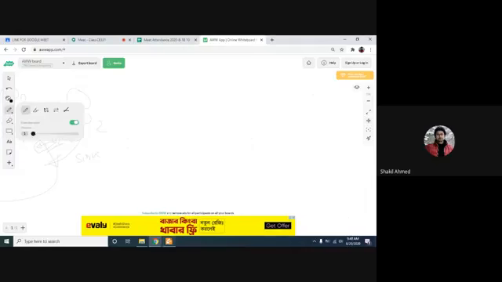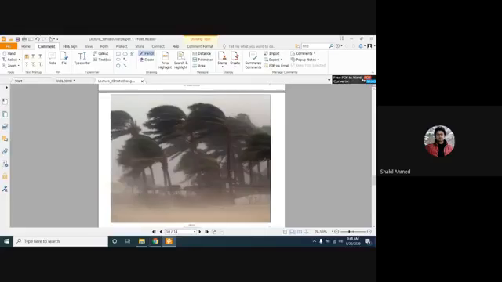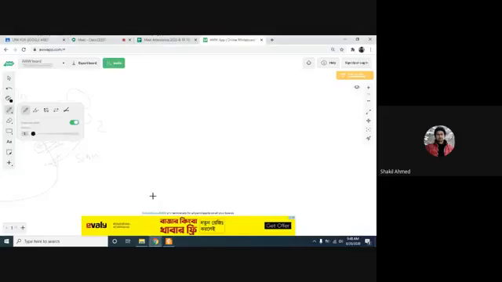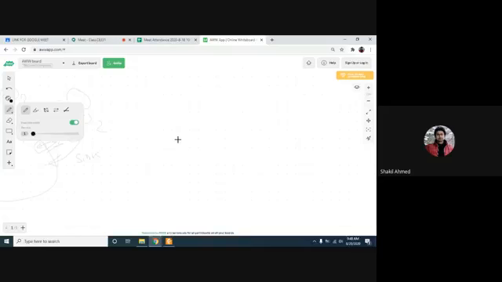So that means that the strength of natural disasters like hurricanes and cyclones will increase if global warming is in process, and the frequency of these disasters will also increase.